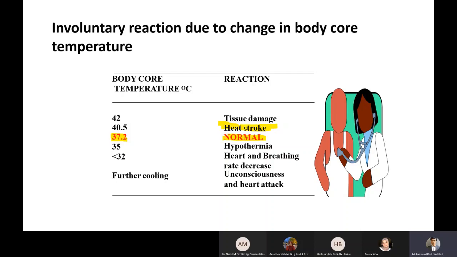That is too high, and you need medical assistance. 38, 39, below 40, you can still handle, but 40 and above is a big thing. Tissue damage at 42. This is an empirical fact.